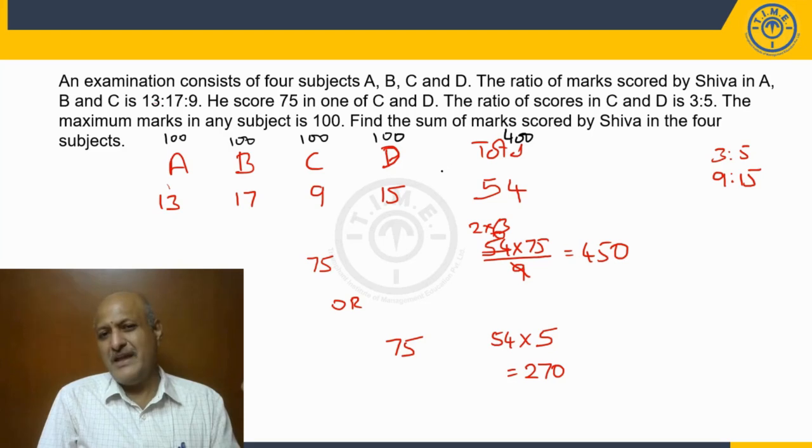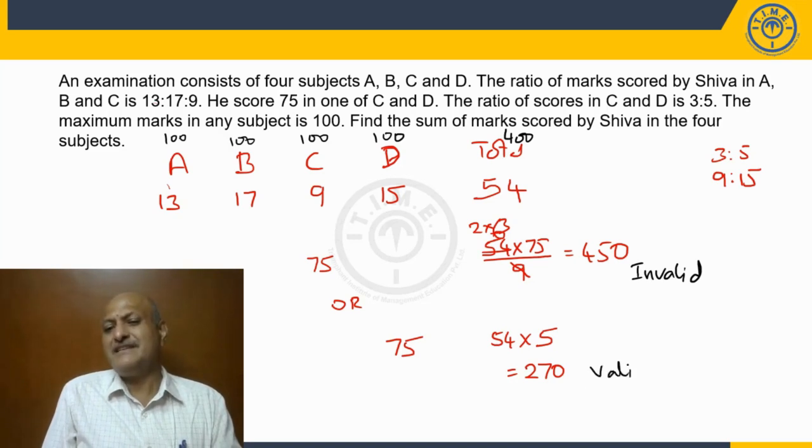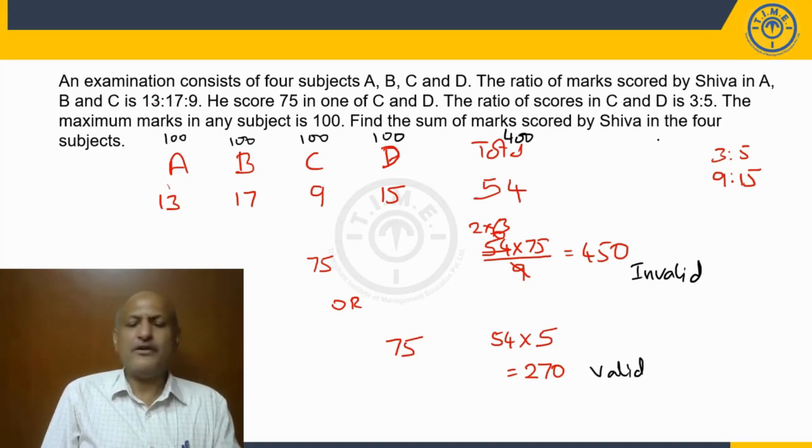If the maximum marks were 400, how is it possible that he scores 450? This is not possible, it is an invalid score. So the valid one is 270. The question is asking the sum of the marks scored by Shiva in all the 4 subjects, and it is this number 270. That is our required answer.